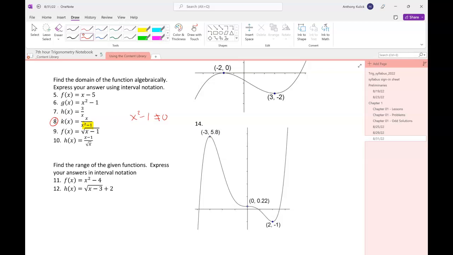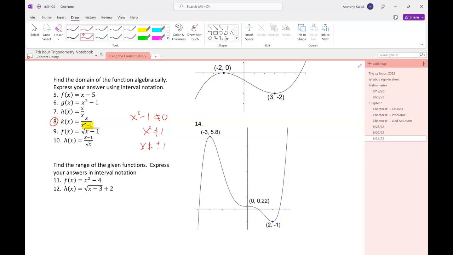I would opt for solving directly here since there's no bx term. So I'll add 1 to both sides and square root both sides. When I square root both sides, what do I have to remember? Plus or minus, and the square root of 1 is just 1.